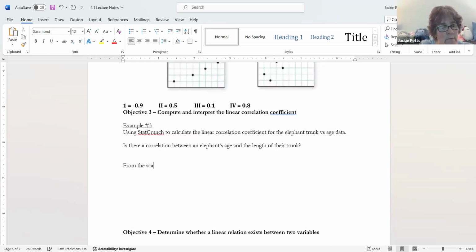From the scatter plot, there appears to be a positive linear correlation or relationship or association. I never can spell that.